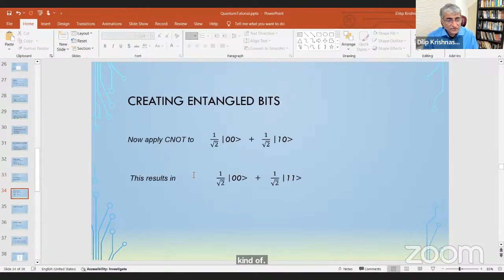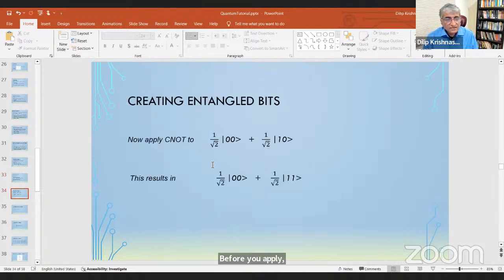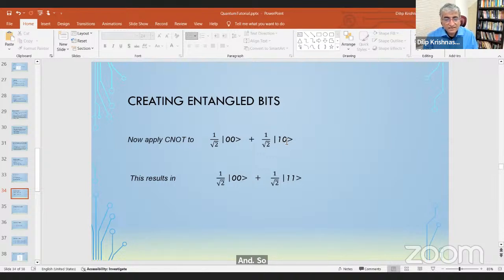Before you apply C0, you have this result, and then when you apply C0, this 1, 0 becomes a 1, 1, and then you get this entangled state. So you really need the C0 to create this entangled state, because the control qubit is a 1 and the target qubit is a 0. It flips it, makes it a 1.